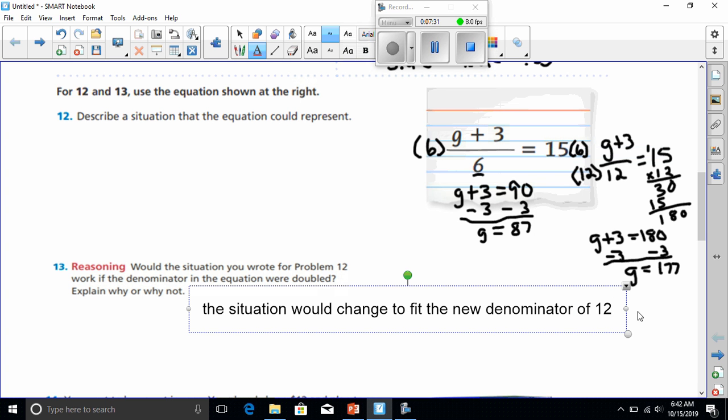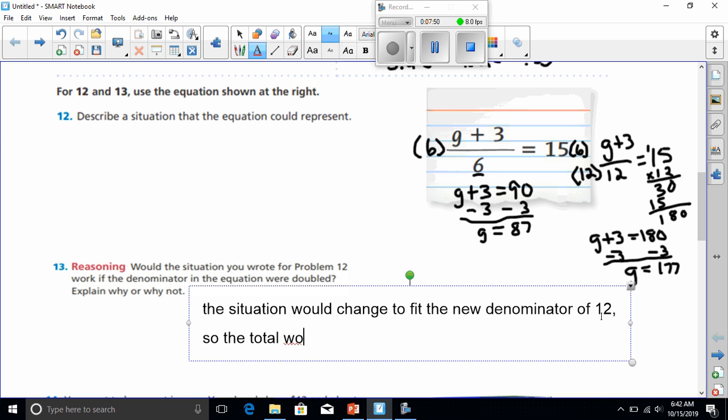Sorry about that. Let's see. So the total would be multiplied by 12 instead of 6.